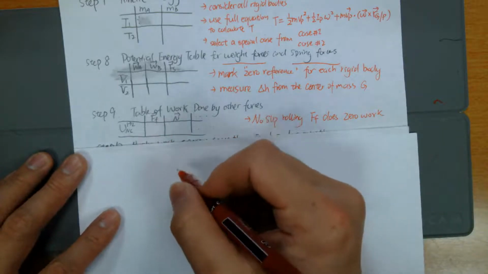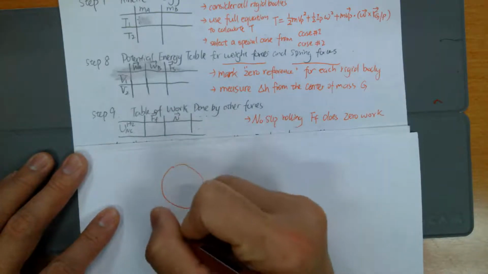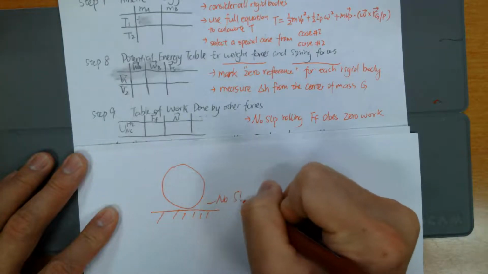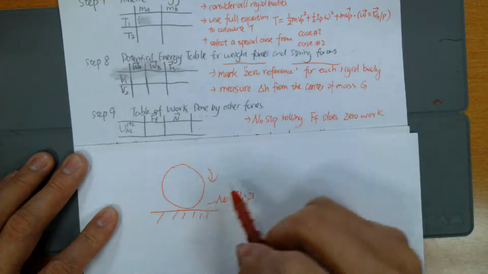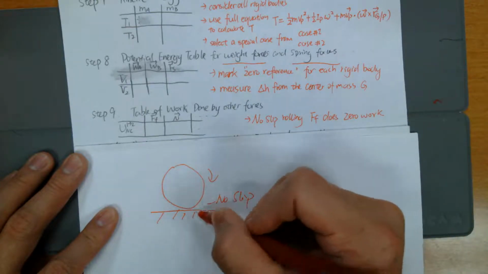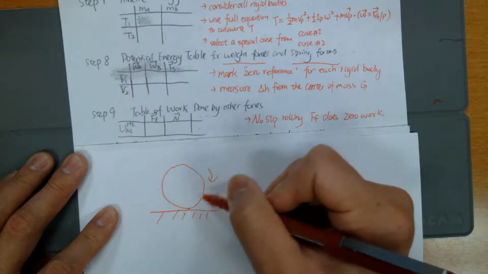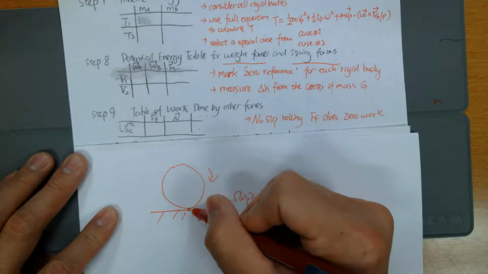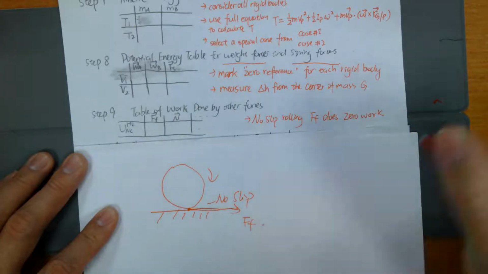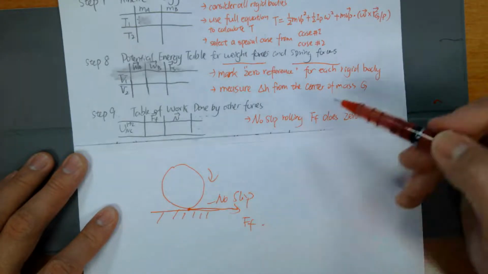But if you have a disk with a no slip condition, this disk is rolling, and if you draw a free body diagram for a rolling disk with no slip, you're going to have friction force F_f acting at the contact point.